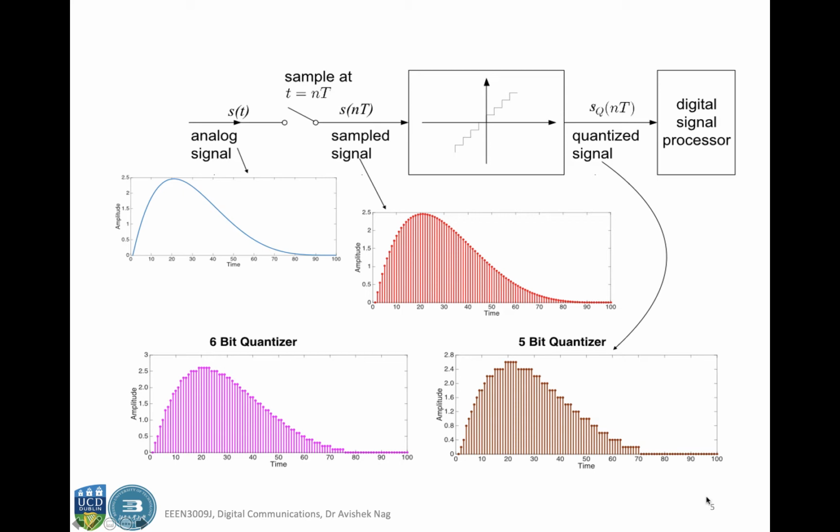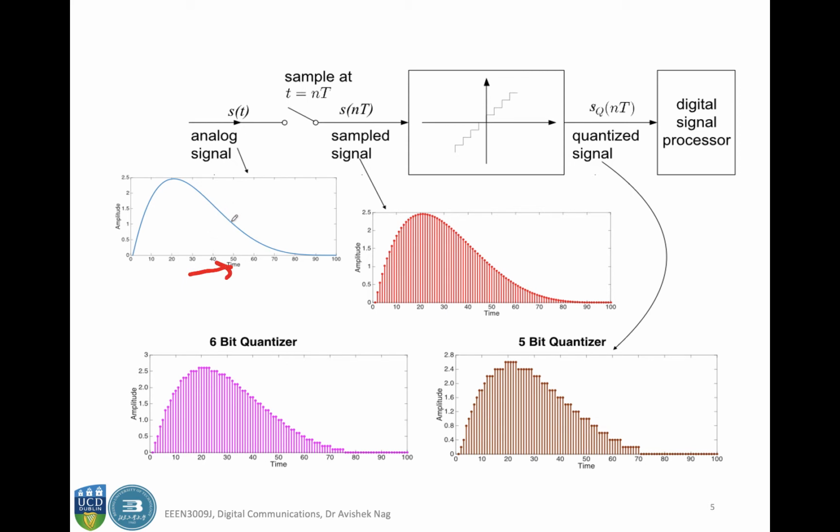Let's say you have this analog signal which is continuous in time, and you can see that the signal has continuous values throughout the time axis.